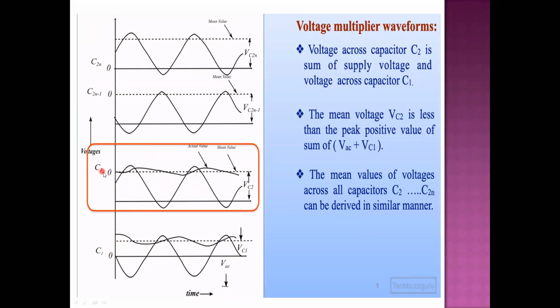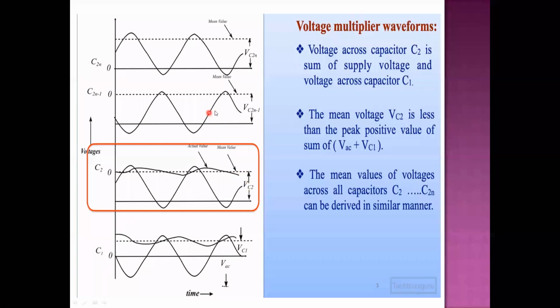Try to understand the voltage across the capacitor C2 and the voltage across the capacitor C1. Here across the capacitor C2 the voltage is 2 times, so the voltage doubles. That's why C1 is this much of magnitude, and C2 is this much of magnitude, approximately double. This is the actual value, and the mean value is the exact DC VC2.